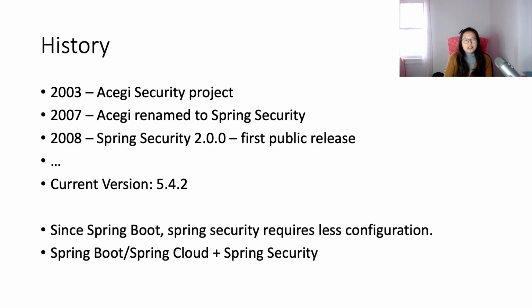History. This project, Spring Security, started in 2003, and the original name is called ACEGI. When I read the Wikipedia, it's very interesting how this project was named. You can see from here. Let me open my marker pen. Okay, this is the name.